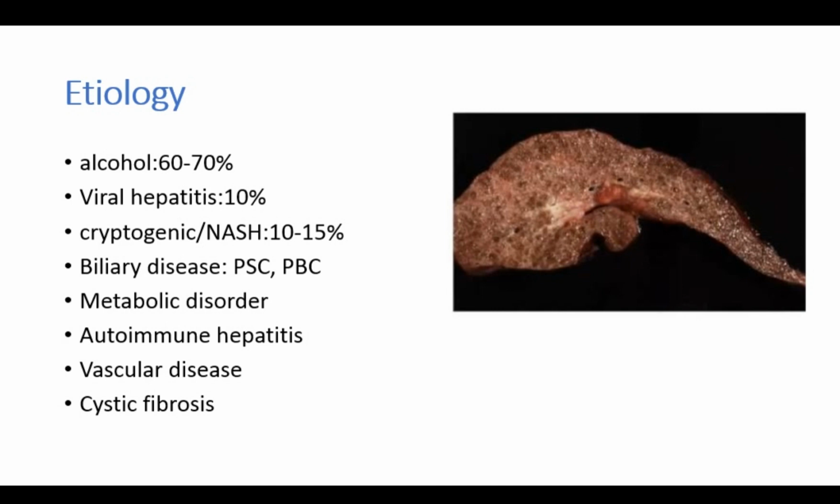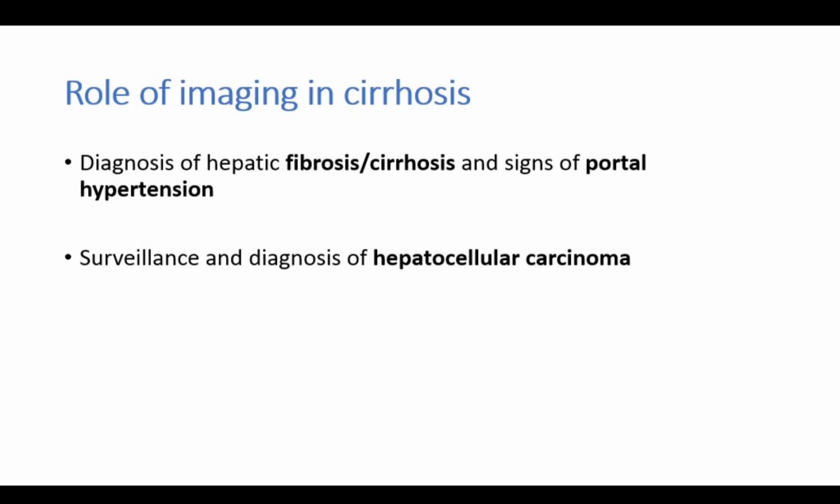Other causes: viral hepatitis, hepatitis C virus or B virus; cryptogenic, such as non-alcoholic steatohepatitis; biliary disease, such as primary sclerosing cholangitis and primary biliary cholangitis; metabolic disorders; autoimmune hepatitis; vascular disease, such as Budd-Chiari syndrome and other vascular abnormalities; and cystic fibrosis. Also, you have other causes which are common, for example, after chronic use of methotrexate, the liver will develop cirrhosis.